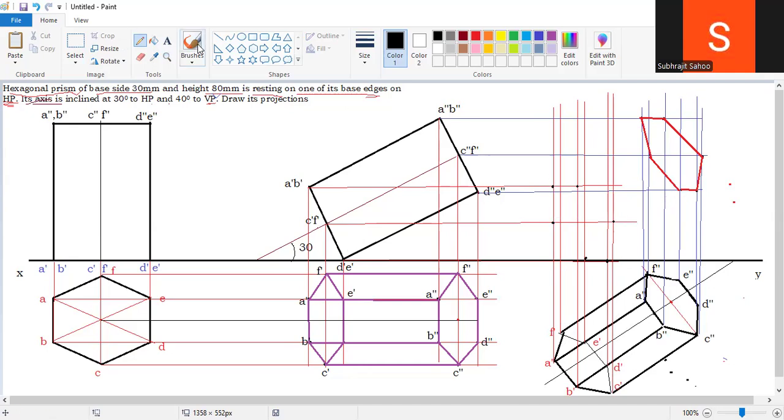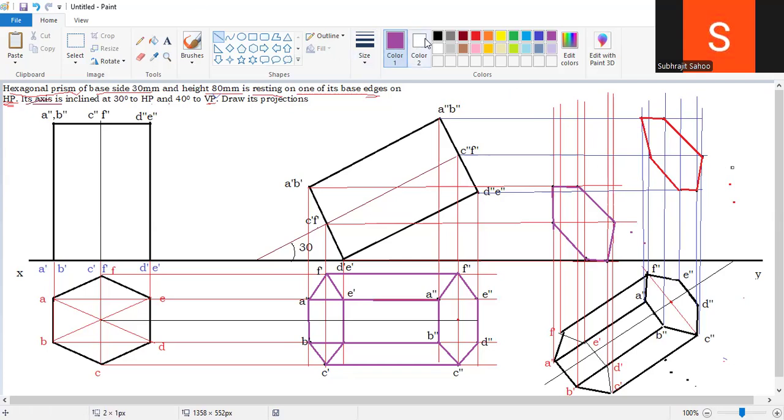Observe, sir. Here to here, here to here, here to here, here to here, here to here, then here to here, right?